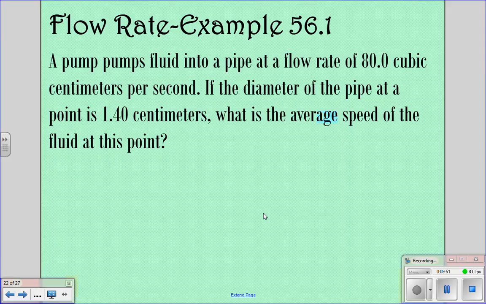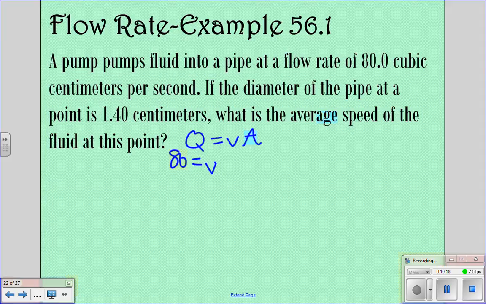The one that we're going to want to use is Q equals VA, because we're looking for the average speed. They told us that our flow rate was 80 cubic centimeters per second. So we can say 80. We're looking for our V. And then we need to find the area.